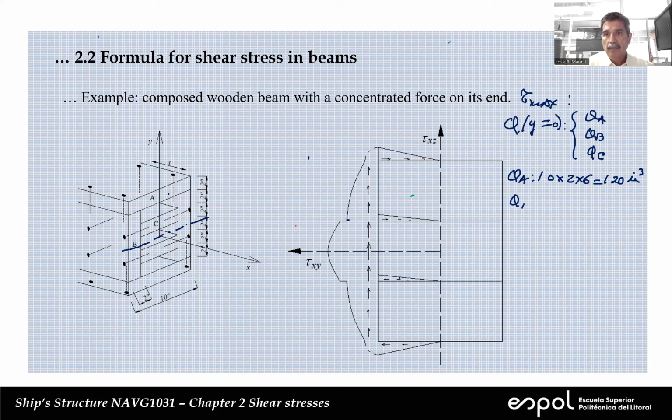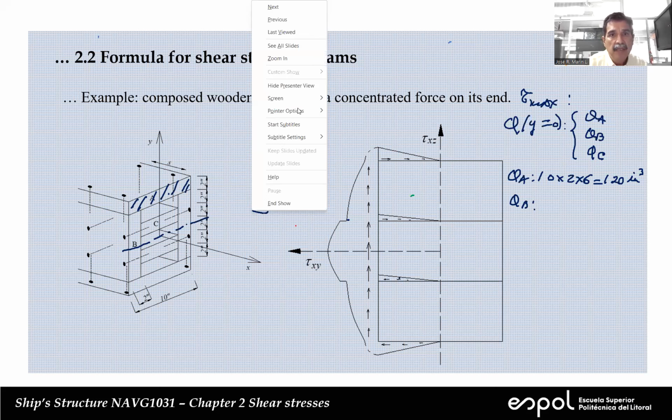Q of B. Miss Puertas, give me Q of B. Remember, let me cross here. We have already considered this part. Let me change color.